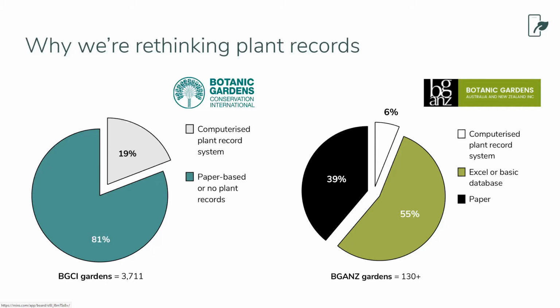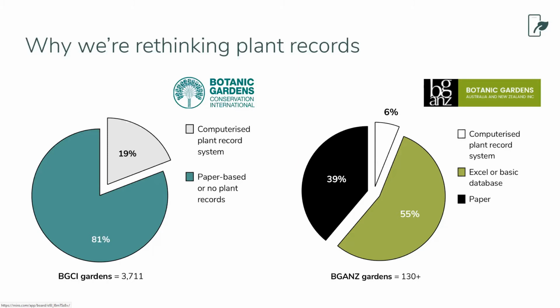On the left here, you can see that of about 4,000 gardens listed on the BGCI's garden search, a website that you can access, only 19% have a computerized plant record system. That means there are 81% who either have paper-based records or none at all.